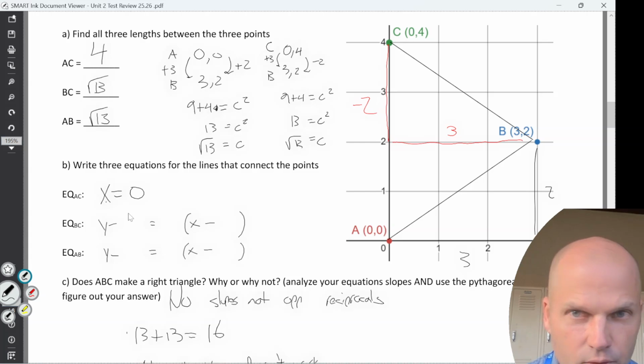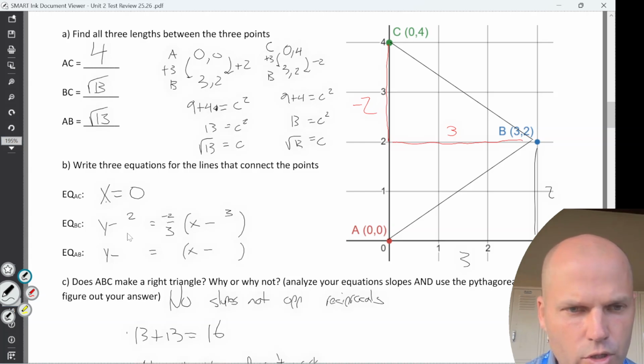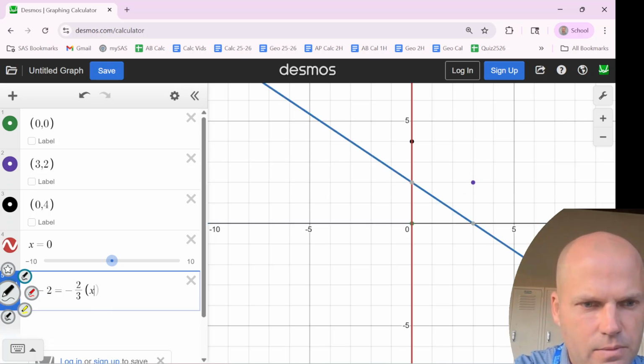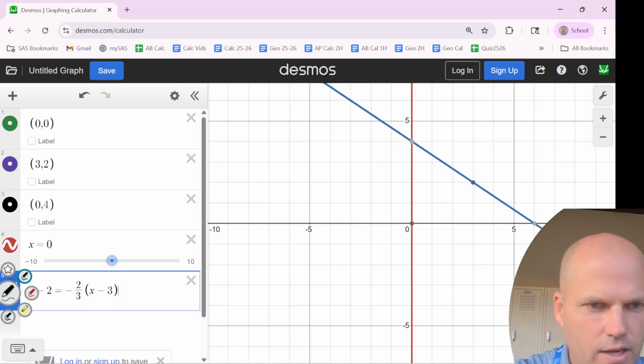So I'll show both. For BC, you can use (3, 2), knowing that your slope is negative 2/3. Or you could use (0, 4), knowing your slope is negative 2/3. So just showing you y minus 2 equals negative 2/3 times x minus 3. There's that equation.